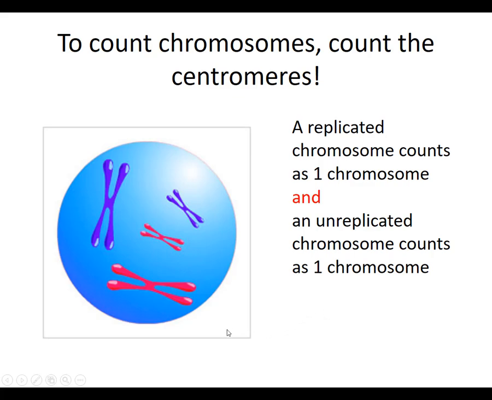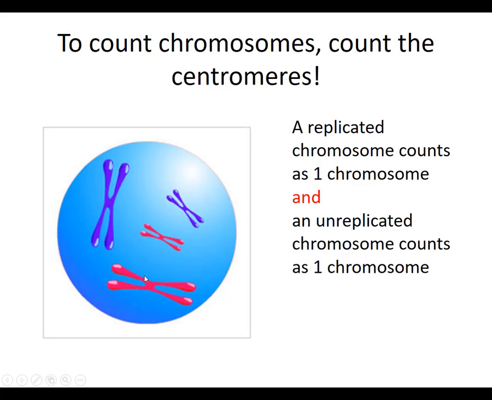Now when you're counting chromosomes, you always count centromeres. So in this picture, you see a cell that contains 4 chromosomes. And the way I know it's 4 is I count the centromeres. Imagine that dot in the middle of each of these.